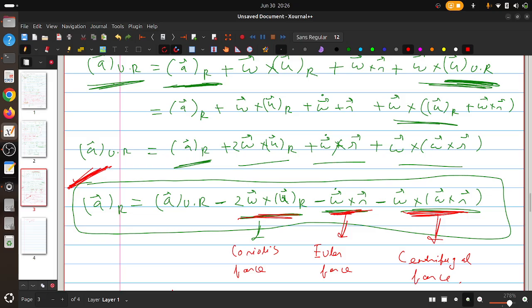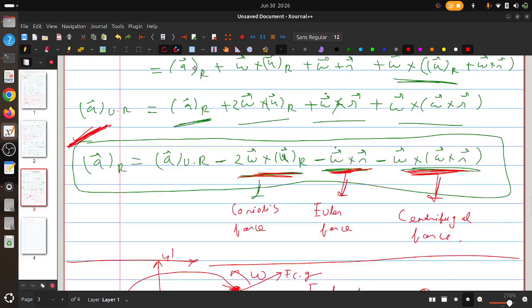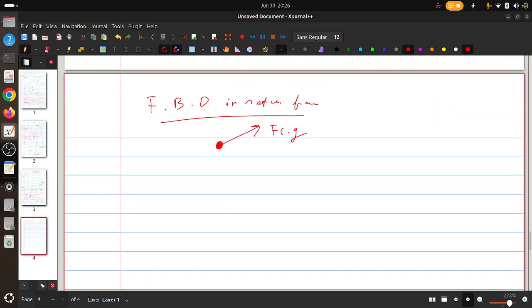So let me write that expression using the force picture. The force in the rotating frame is equal to the force in the unrotating frame, plus F of Coriolis, plus F of Euler, and plus F of CG.